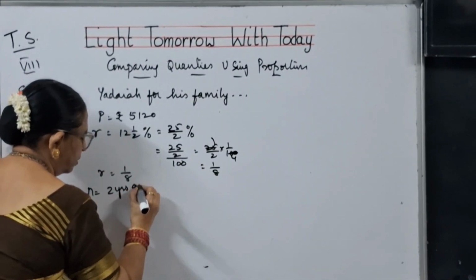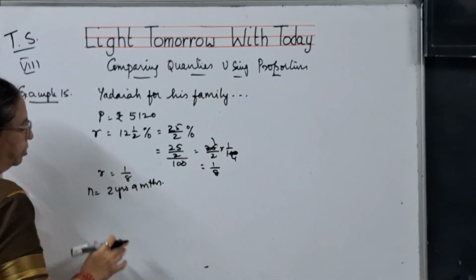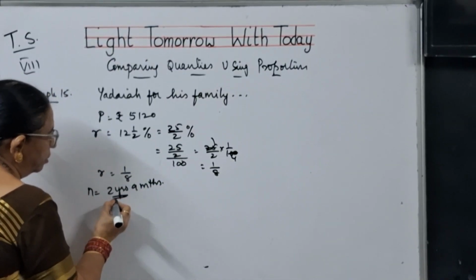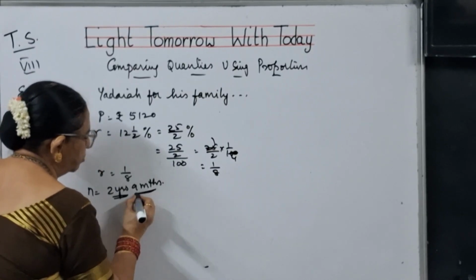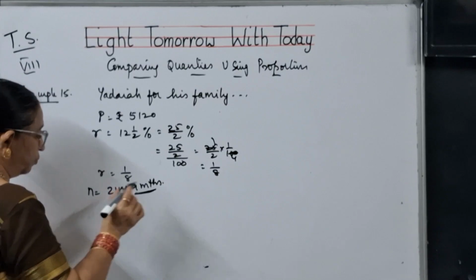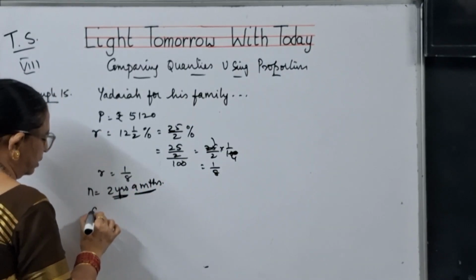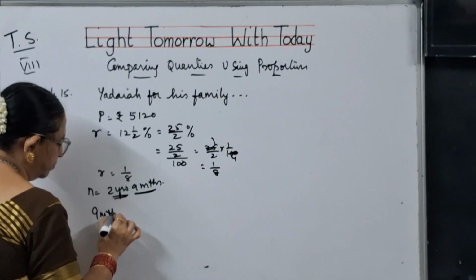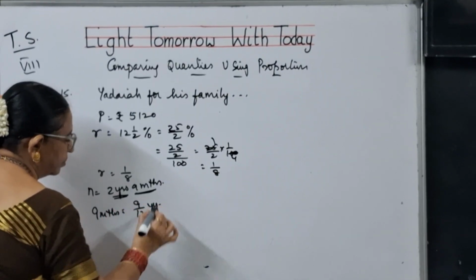2 years 9 months. So here the main problem is, for 2 years you can go for compound interest, but for 9 months you have to go for simple interest. So for this you have to convert 9 months into years. So 9 months is nothing but 9 by 12 years.